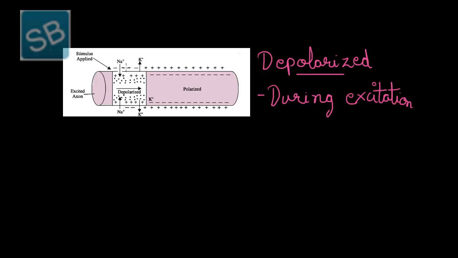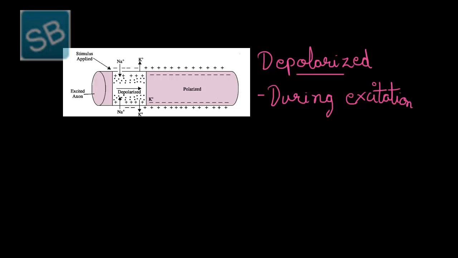Thus, Na plus moves towards the inner side and K plus moves towards the outer side, which makes the nerve fiber depolarized. Such a depolarized state occurs for a very short period, about 0.5 millisecond.